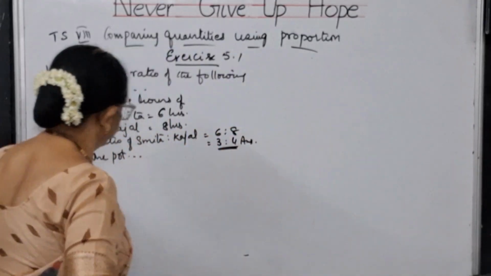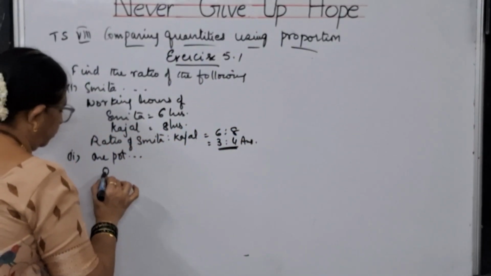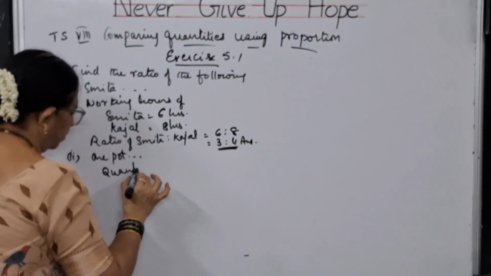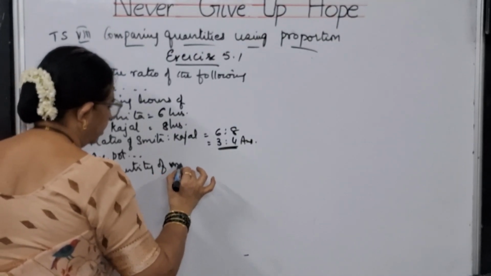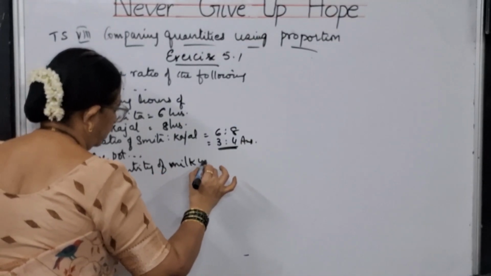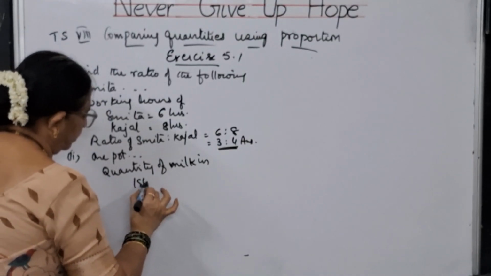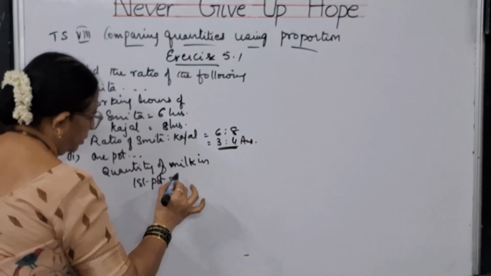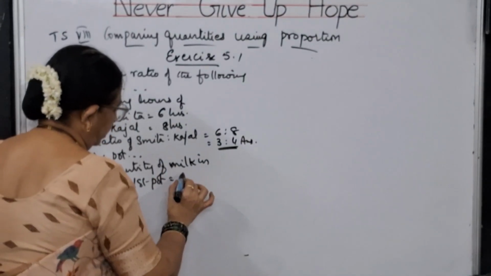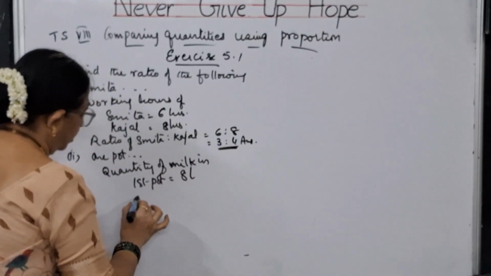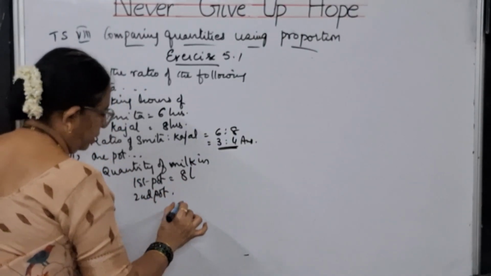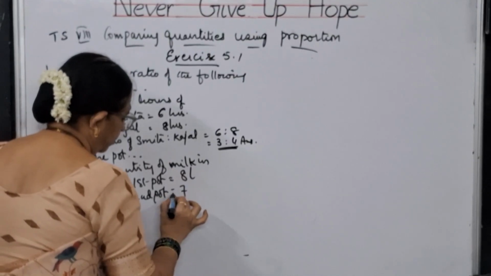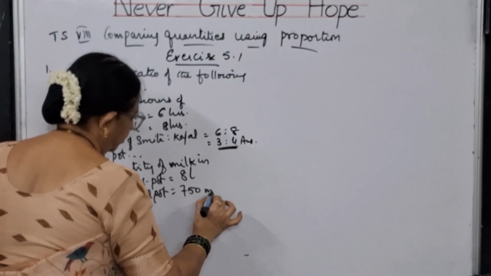So, quantity of milk in first pot, they have given 8 liters, and second pot they have given 750 ml.